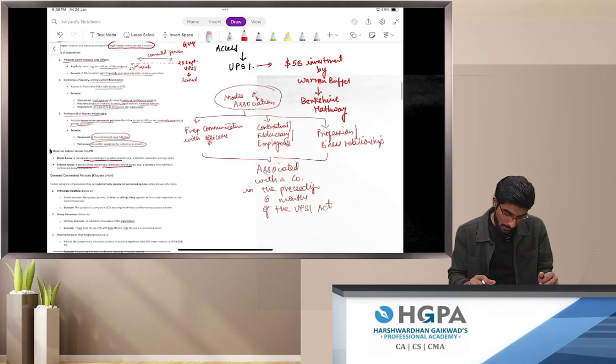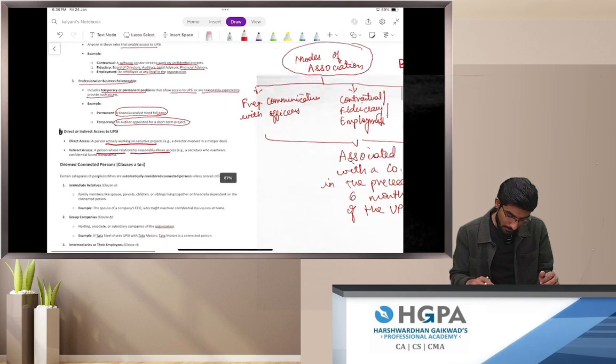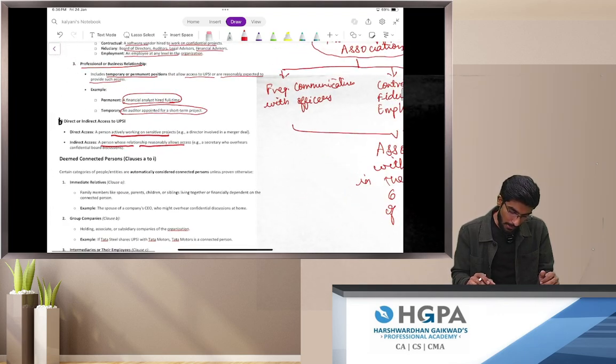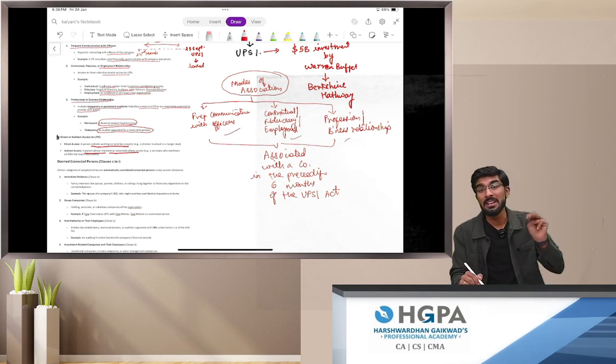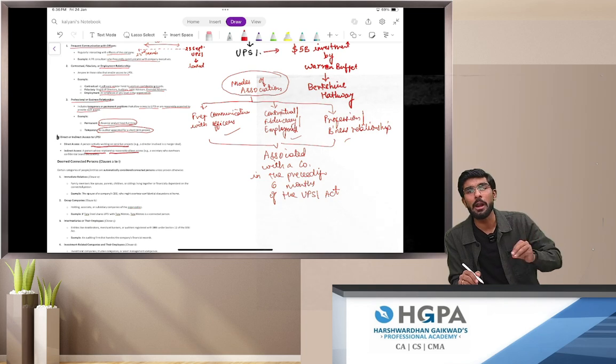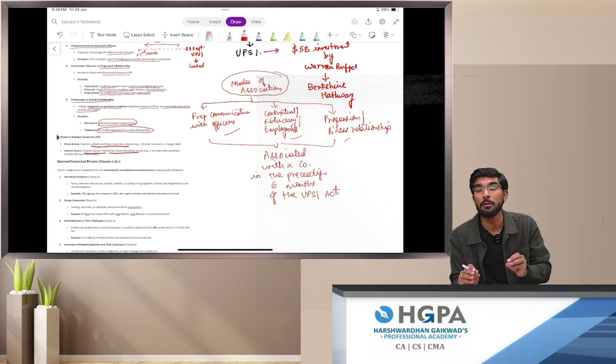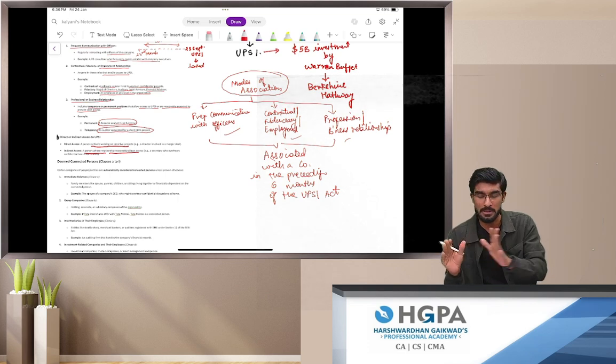Next condition is direct or indirect access to UPSI. These people should have directly or indirectly access to UPSI. Then only they will be called a connected person.